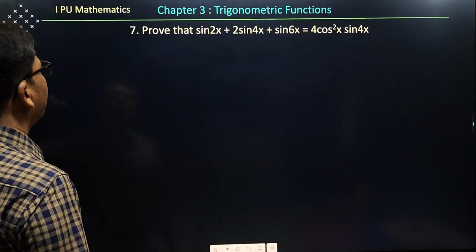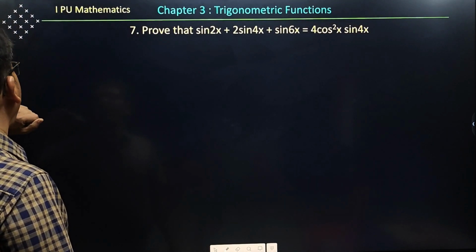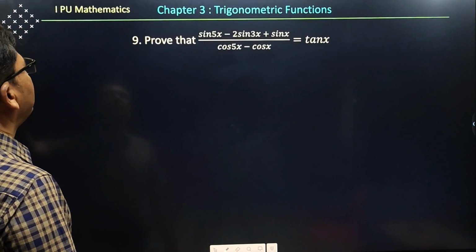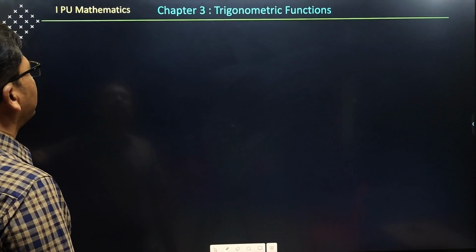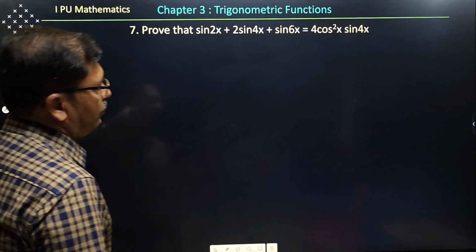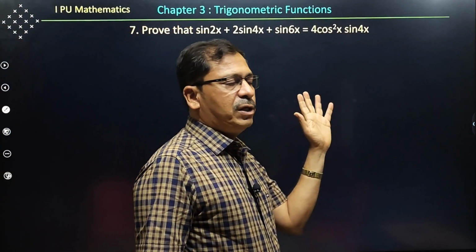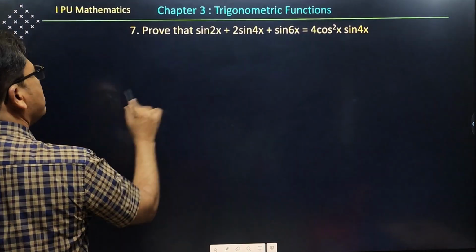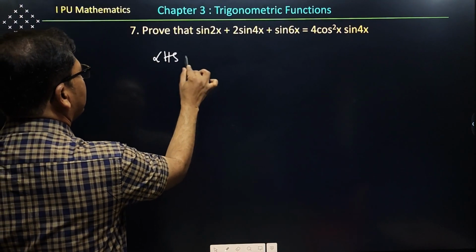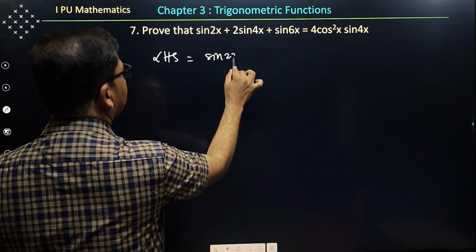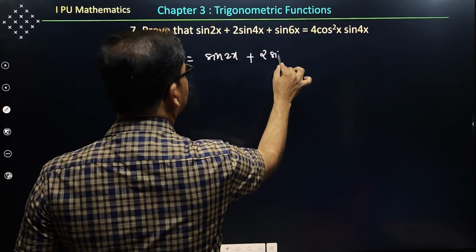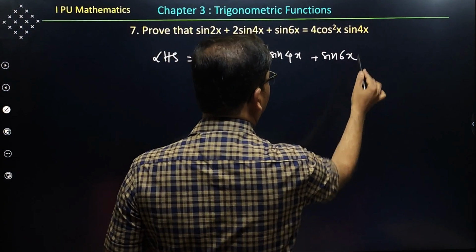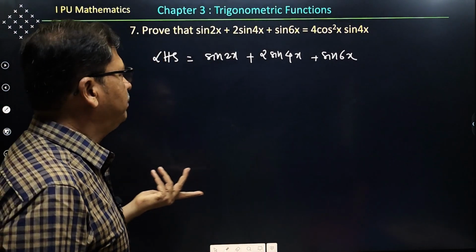Next example, 7th example. See, left hand side, take that first. Sin 2x plus 2 sin 4x plus sin 6x, equal to 4 cos square x into sin 4x, we want.